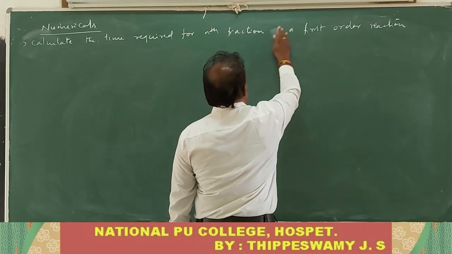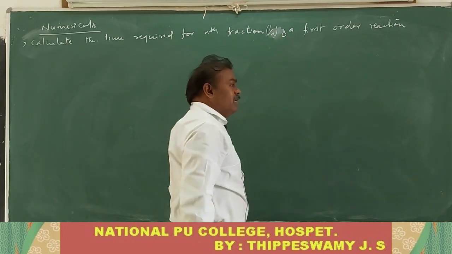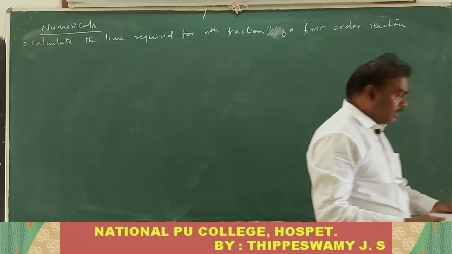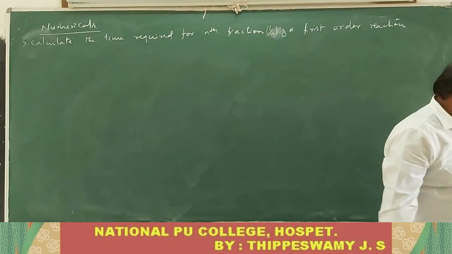Nth fraction means you just take 1 by n, it is the nth fraction of a first order reaction. So can you tell me, according to the first order integrated rate equation, how to write that nth fraction of a first order reaction?